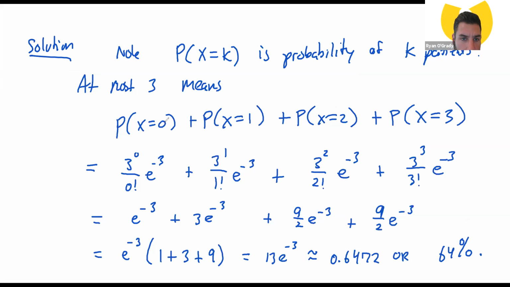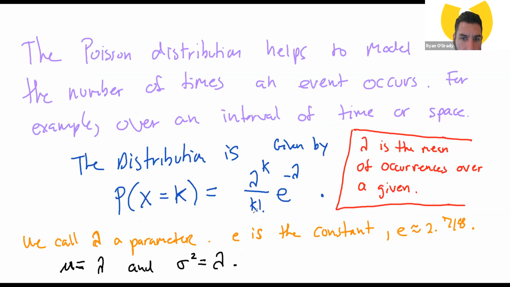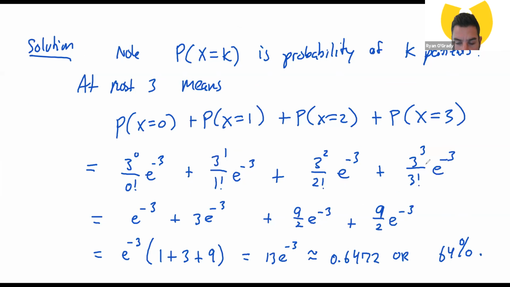So for each one of these, I am taking this number here or this number here, and I'm putting it where K is. In order to do this properly, you have to know how this formula works. So I'm going to first let K be 0, then I'm going to let K be 1, then K be 2, and then finally 3. And if I do that properly, I get these 4 values.